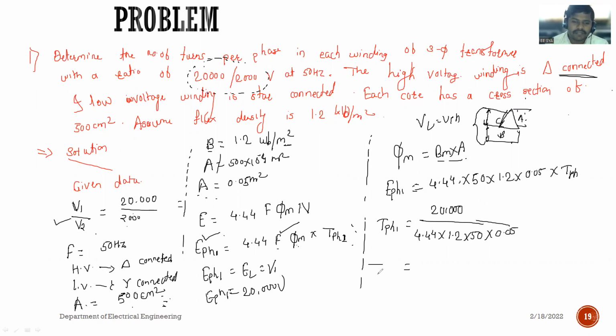किती येते value TPH1? 150.15. Just check once again. 1501.50.